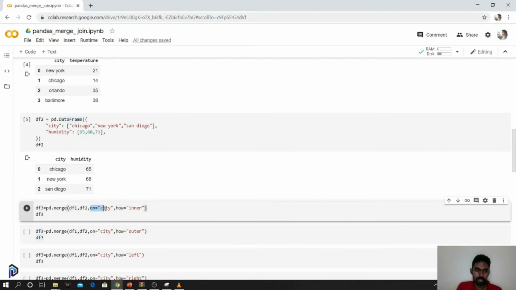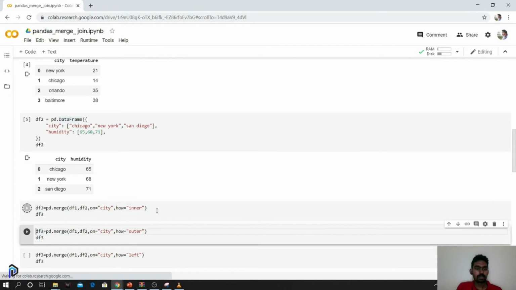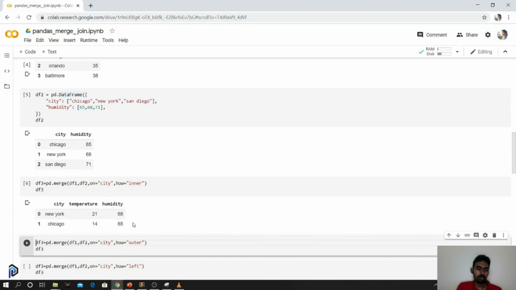Similarly, we are merging on the city, and how is given as inner. Inner means it should be the intersection of both. Chicago and New York are present in both the data frames, so those two rows alone would be present. So this is the output.